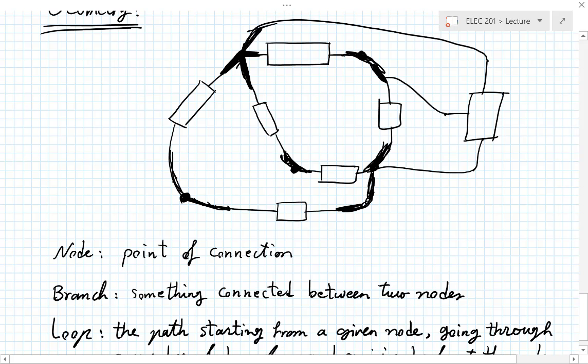So now this node has another branch connected to it. The big line on top is a branch. This one is another node. And again, this is a branch. And this one is also another node.